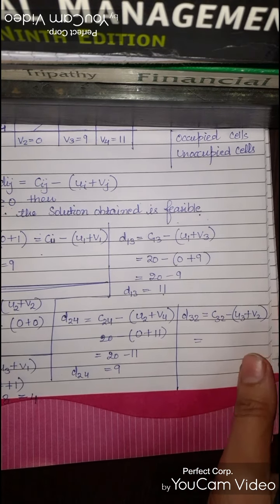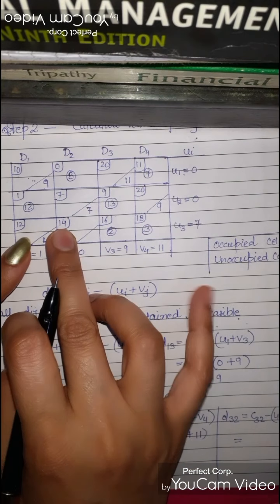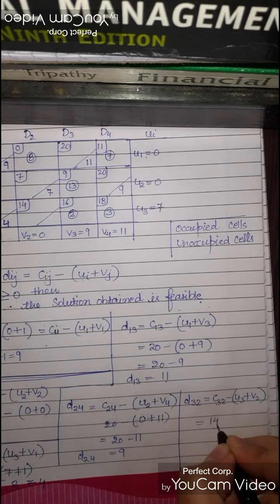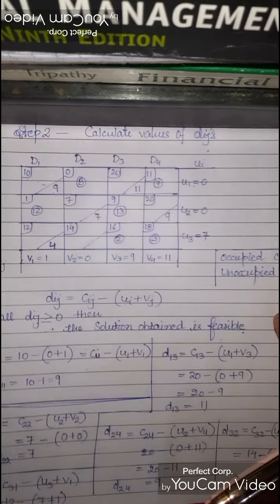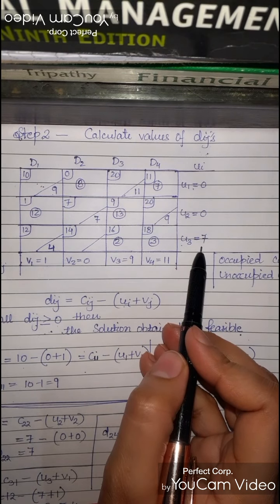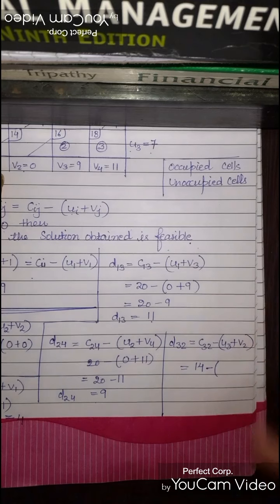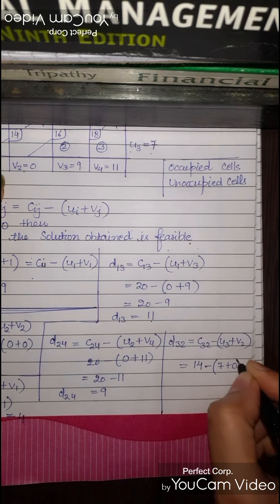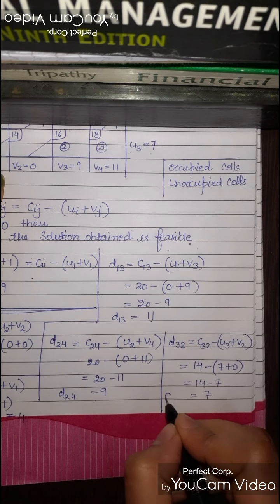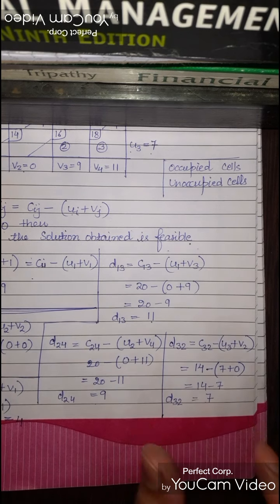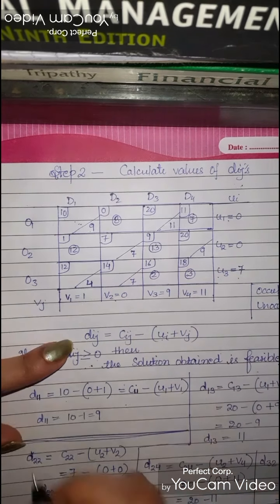C32 is the cost in the third row and second cell, the cost is 14. So we will write 14 minus u3. u3 for this row is 7, and v2 is 0. So we will write 7 plus 0. 14 minus 7, that means 7. So we get D32 equals 7. Write this value here.